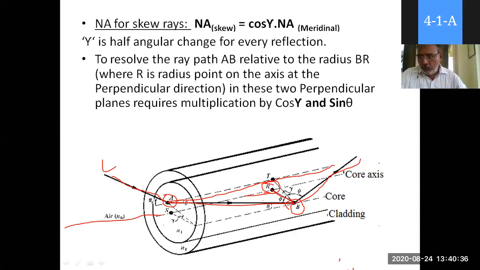So the two plane system is like this. So here, what happens exactly at point B, you can see the delta. Delta is the half angular change for every reflection. So it suffers a reflection with delta simply. Now there is a simple expression for this.